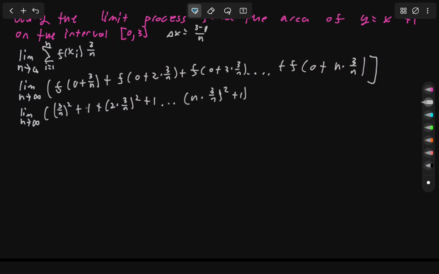Well, we can simplify this. We're adding 1 n times, so this is really just the same thing as the limit as n approaches infinity of n.